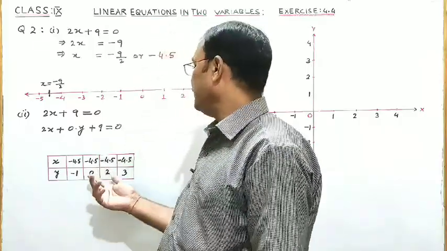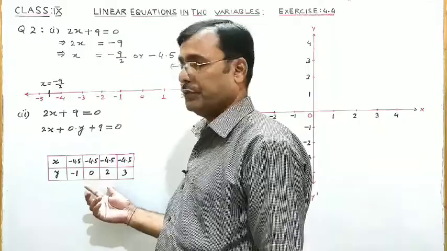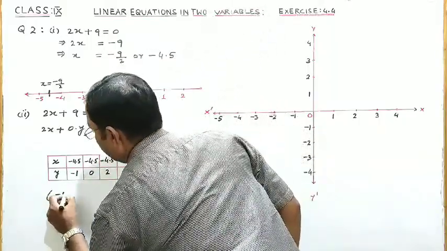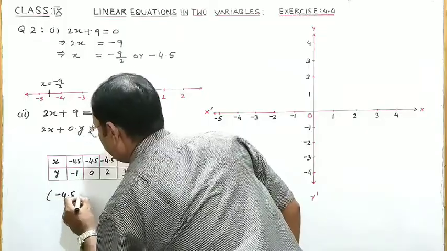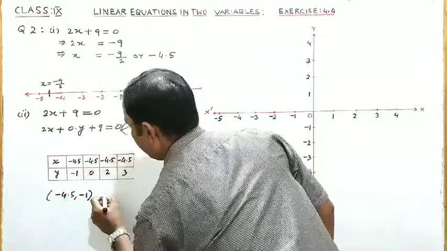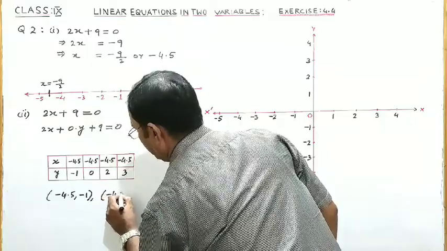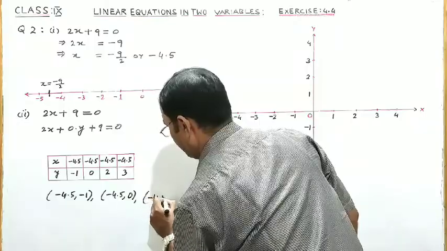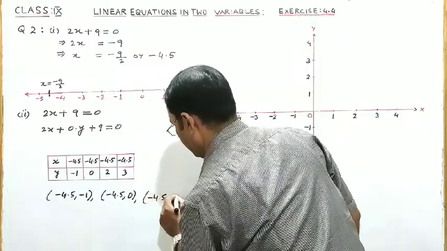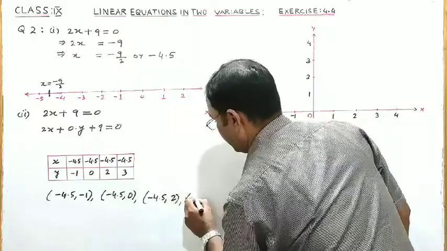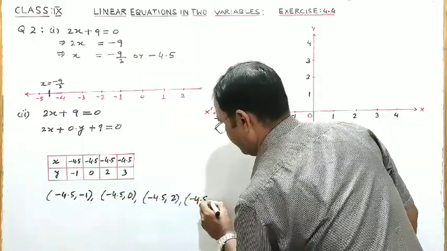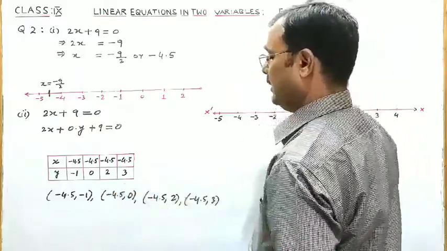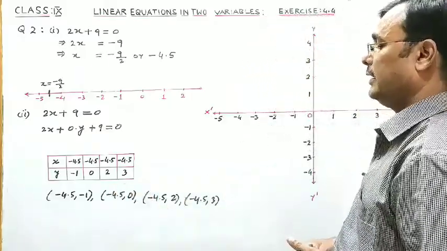So here in the table we have written 4 solutions. Now we shall plot minus 4.5 comma minus 1, minus 4.5 comma 0, minus 4.5 comma 2, minus 4.5 comma 3. We shall plot these 4 points on the graph paper.